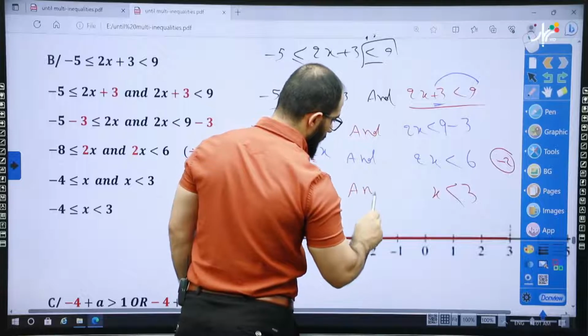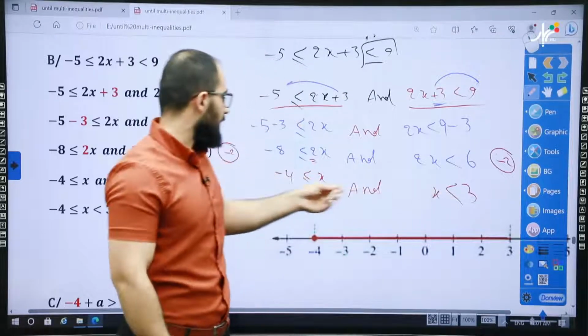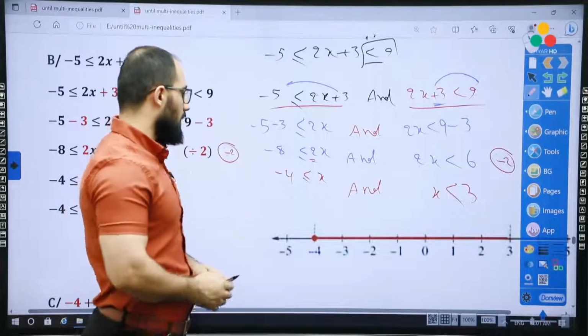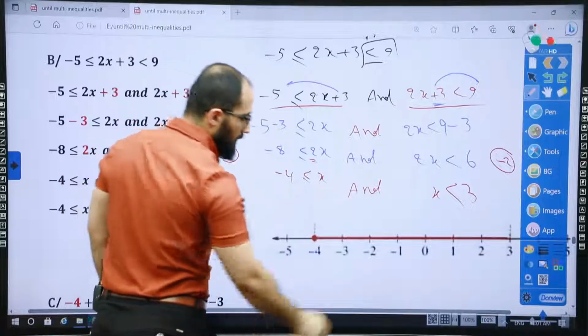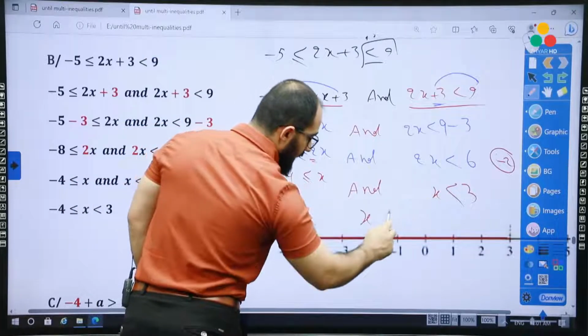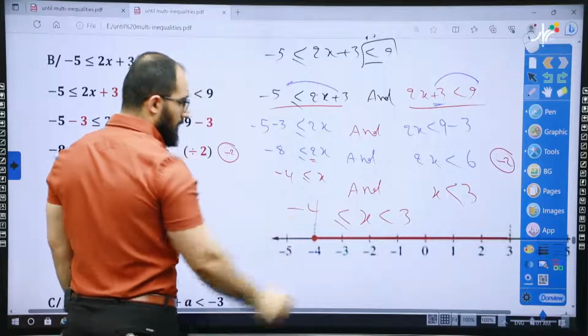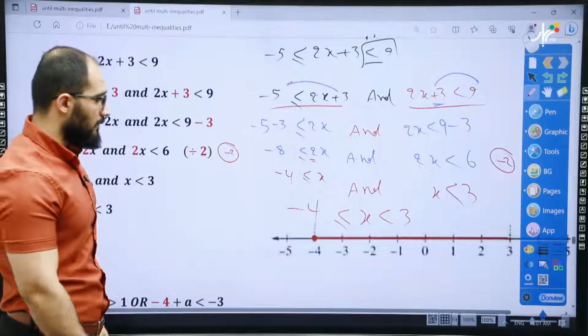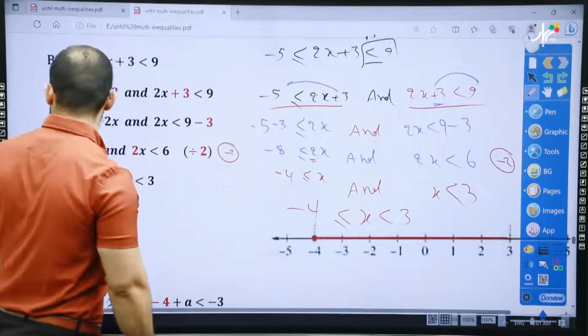So this is our solution: x less than 3 and x greater than or equal to negative 4. How do we write it as one part? Write down x less than 3 and greater than or equal to negative 4. This is the solution, and also this is the graph of the solution.